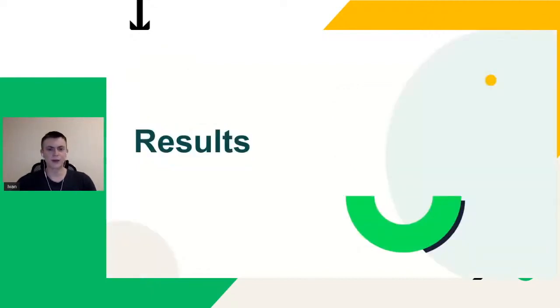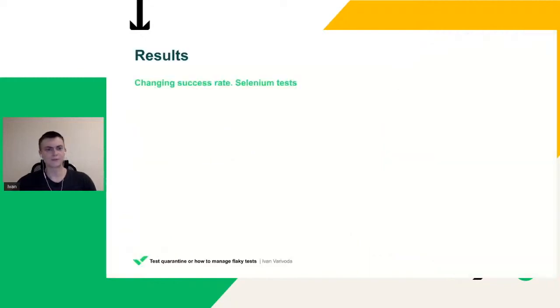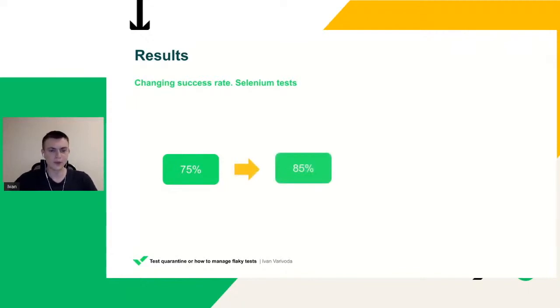And finally, I want to show you a few results. First of all, I want to show you how the success rate of Selenium tests was changing. So we started with 75% and then increased this lower bound to 85%, and right now we are here.